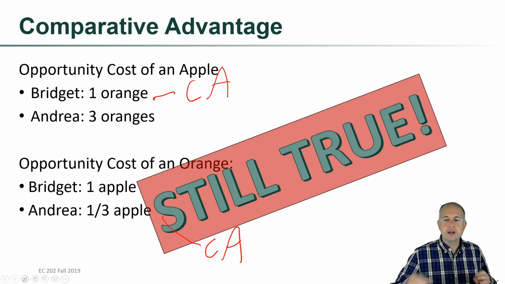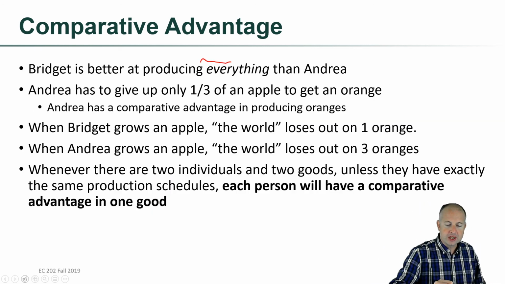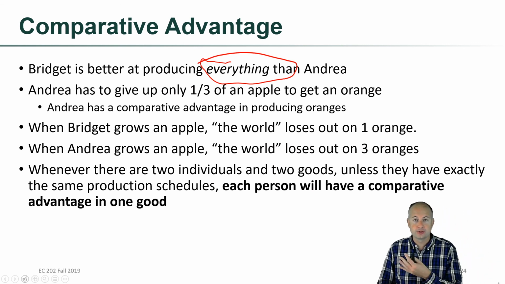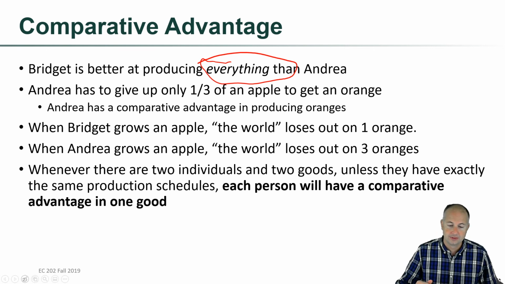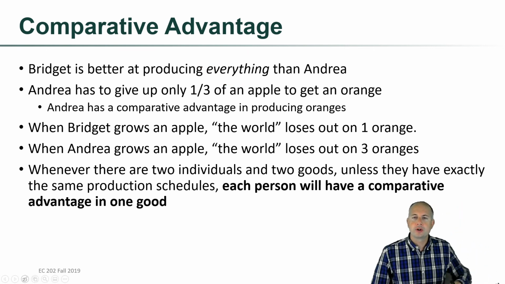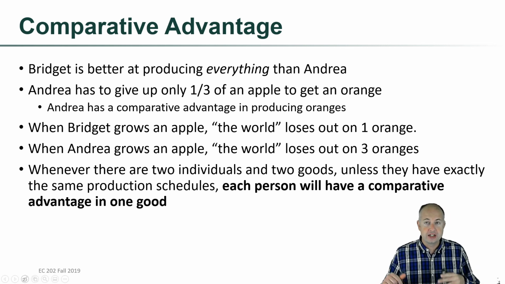And this is true even though Bridget is better at producing everything than Andrea is, right? Bridget, with her new technology, could make lots of apples and lots of oranges. However, when we boil things down to the opportunity cost, we're going to see that comparative advantage still holds, and that each of them has comparative advantage at one thing.